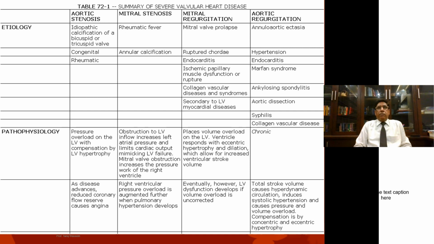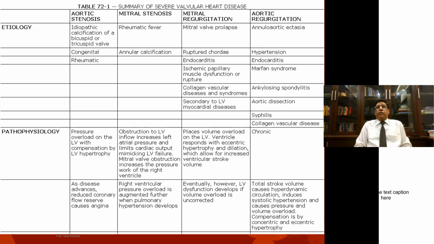This pressure is then transmitted to the right ventricle, and it is the right ventricle which fails secondary to increased left atrial pressure, and the left ventricle per se in mitral stenosis does not receive any burden. So right ventricular pressure overload is augmented further when pulmonary hypertension develops.